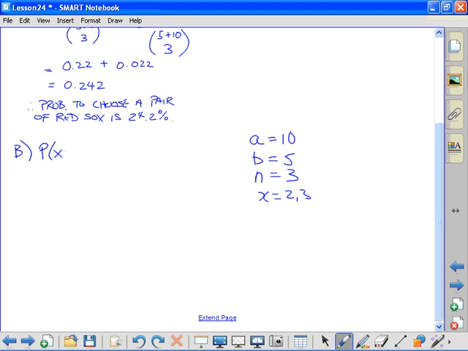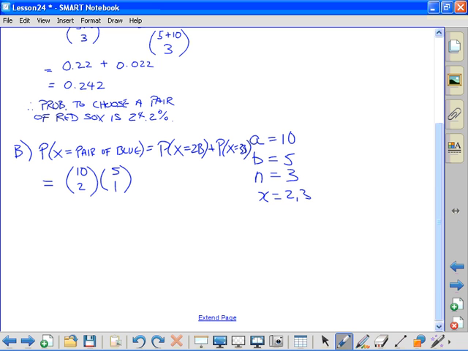All right. So same setup then. If I'm looking for a pair of blue, it would be the probability that I pull 2 blue plus the probability I pull 3 blue. So therefore I would have 10 successful chances, and I want to pull 2 on the first try. 5 red socks, which are failures. I'm going to pull one of those.